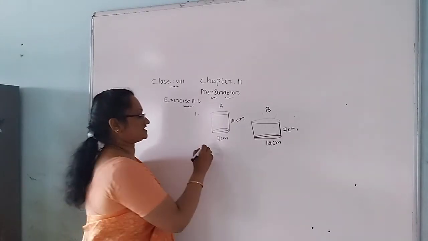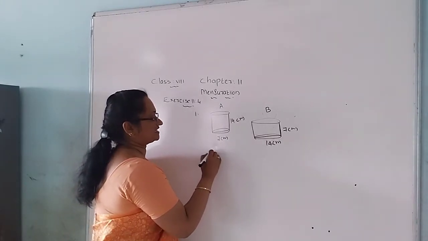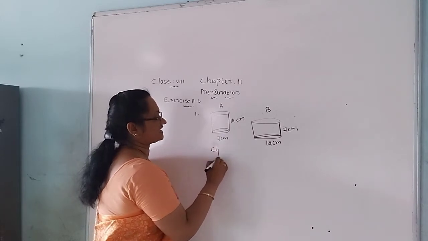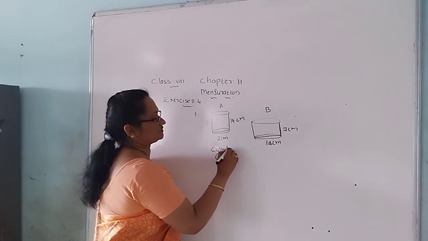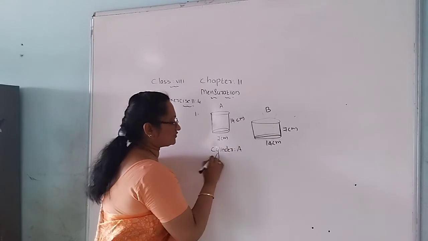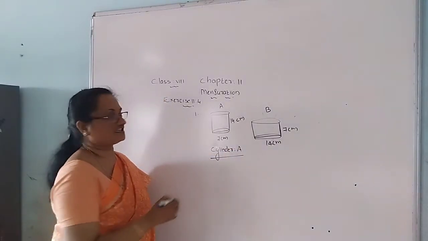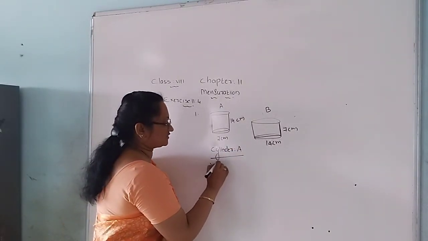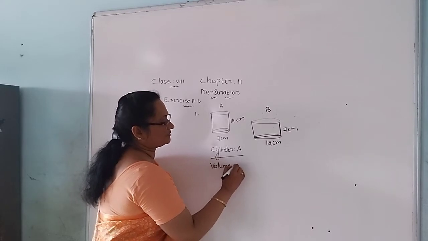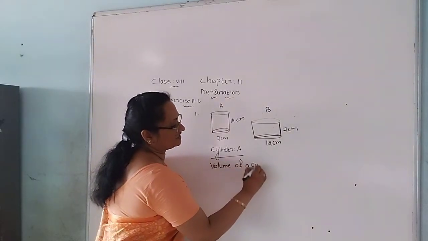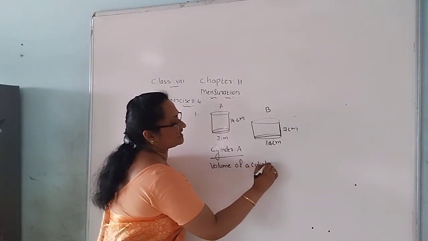How to find it? First step, vessel A, or cylinder A. How do we find the volume of a cylinder? Apply the formula: pi r square h.